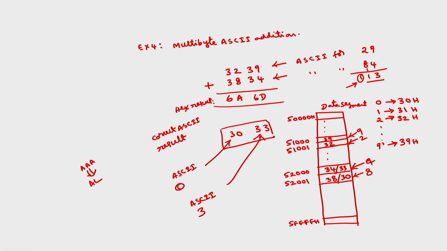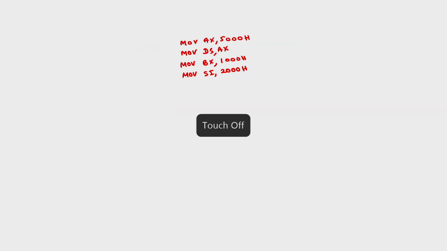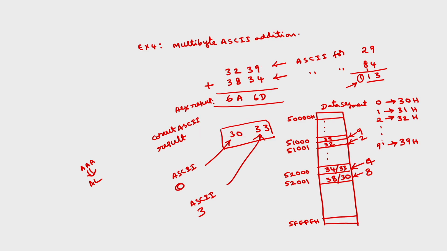I have to perform this in 2 iterations, so I am going to take 2 onto CX so that I can use the loop instruction. MOV AL, contents of BX. So I am taking this 32, 39, 38, 34.